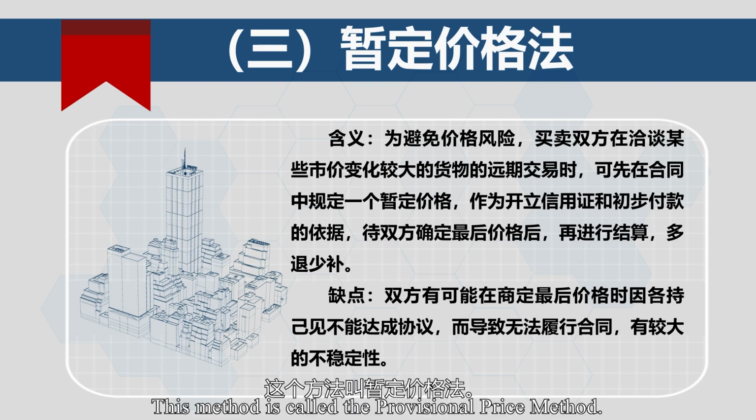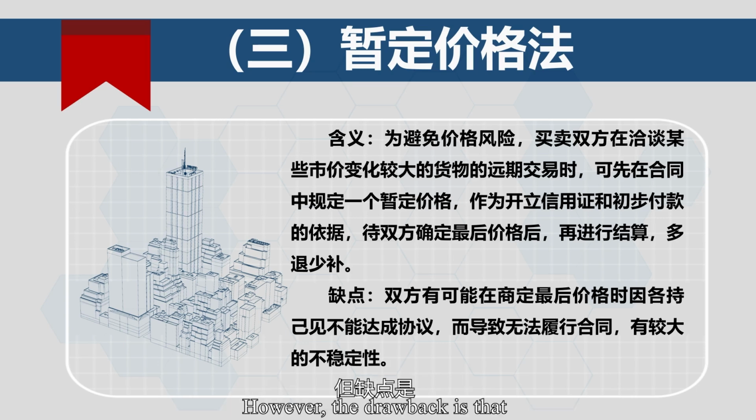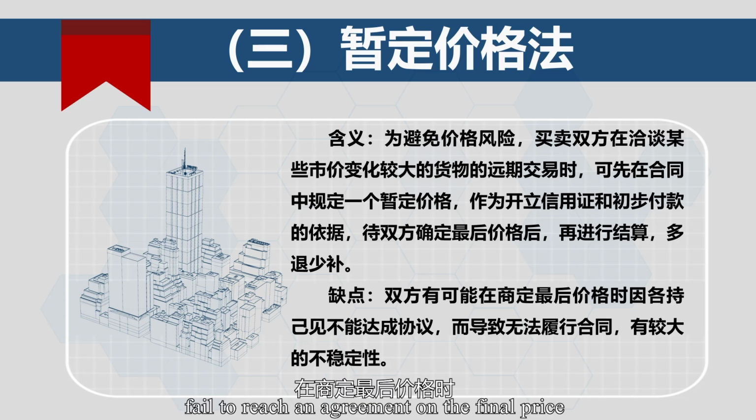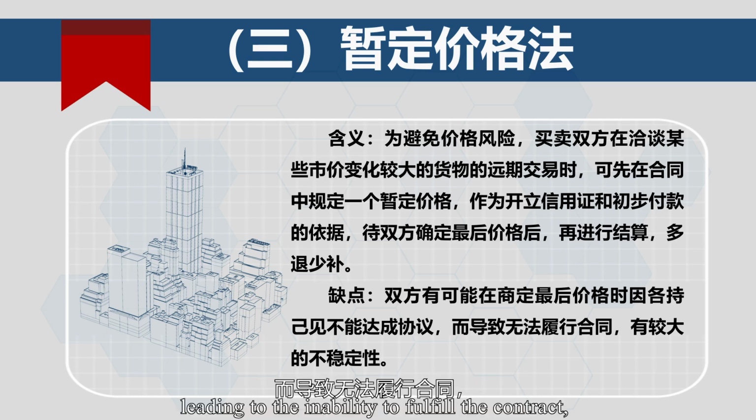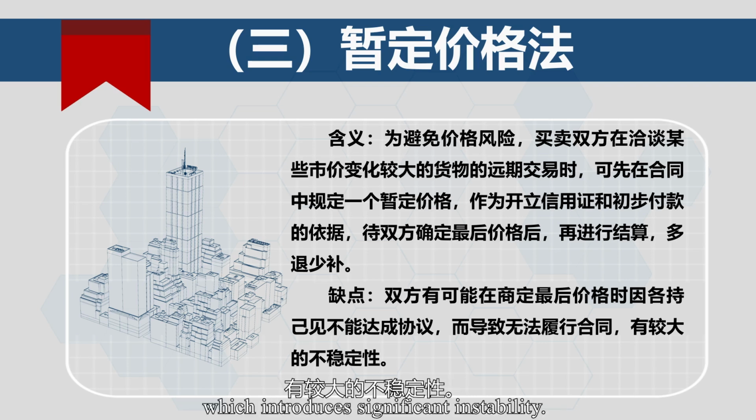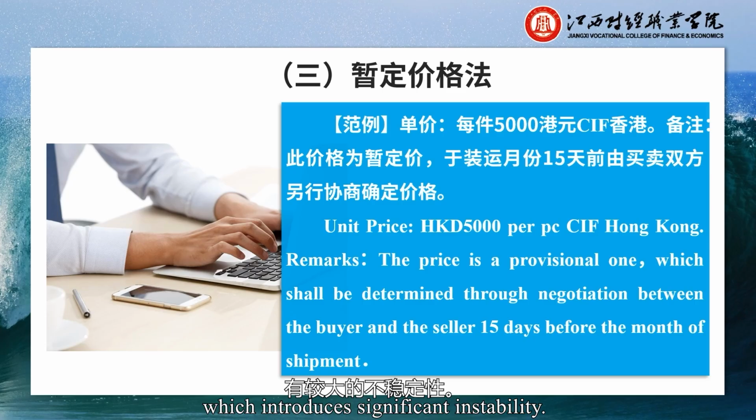This method is called the provisional price method. However, the drawback is that there is a possibility that the parties may fail to reach an agreement on the final price due to differing opinions, leading to the inability to fulfill the contract, which introduces significant instability.